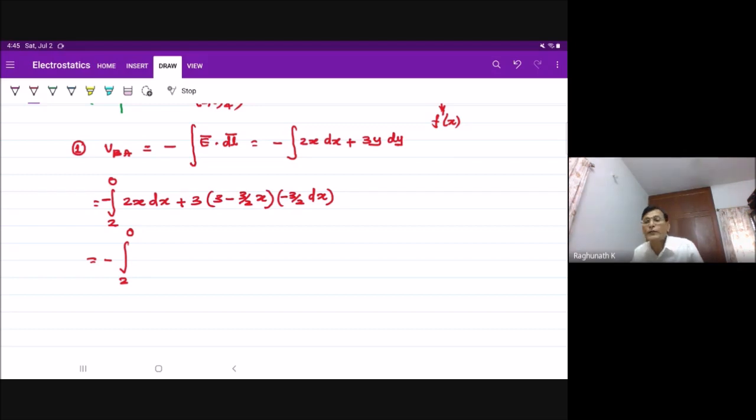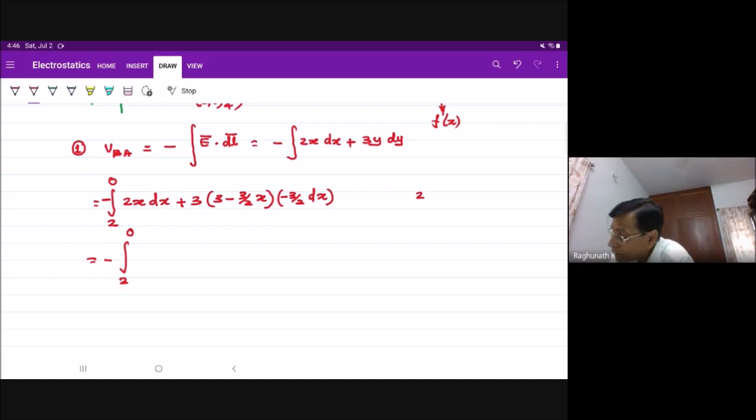Please tell me the expression inside the integral now. With minus outside, it is 2x minus 9 by 2 into minus 3 by 2, right? 2x minus 27 by 4, that is 2x plus 27 by 4.